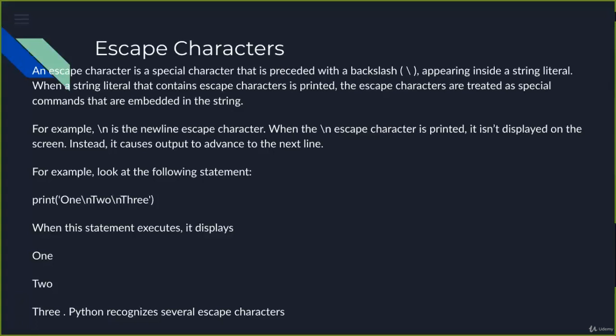Suppose you want to print two things, and you want to separate them by a new line. So we can use some of these non-printable characters to perform our formatting for us.